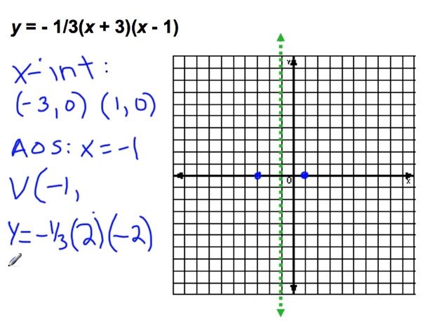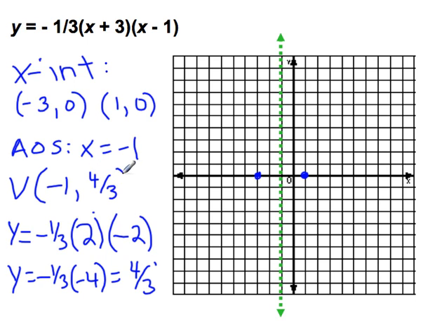Okay, and if I multiply this out, since multiplication is commutative, I can multiply these first. 2 times -2 is -4. -4 times -1/3, I'm going to go ahead and write this out quick. -4 times -1/3 is going to be +4/3.